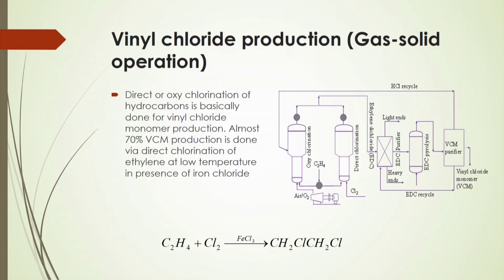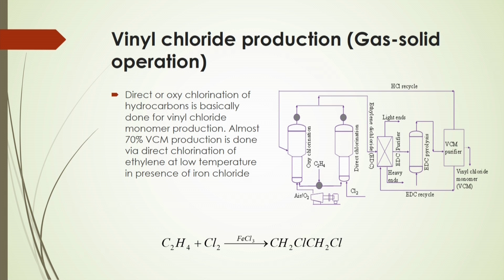Another important application of gas-solid flow systems is vinyl chloride production. You know that most of our daily products, like pipes, plastics, and goods, are produced from vinyl chloride, polyethylene, or other monomers.